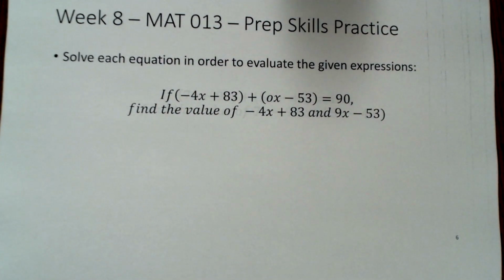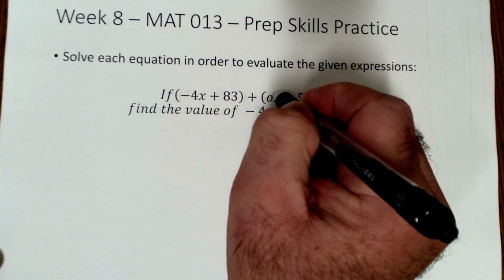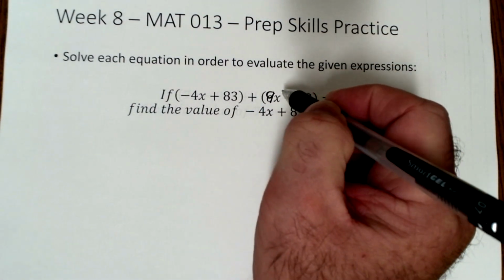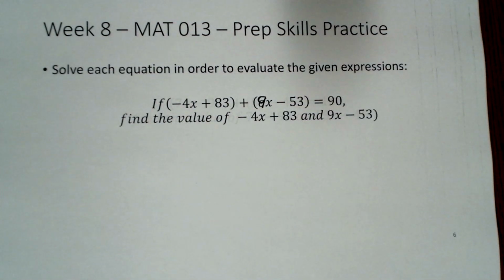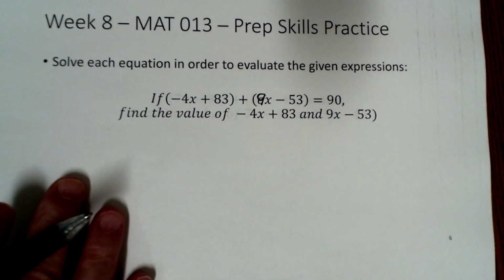Couple more here. This one tells us the value minus 4x plus 83 added to the value, I don't know what that is supposed to be. Let me pull out my sheet. I just realized that's a typo there. That should be a 9. I don't know where that came from. I should have caught that, but I did not proofread it that well. Okay, there we go. So that makes it right.